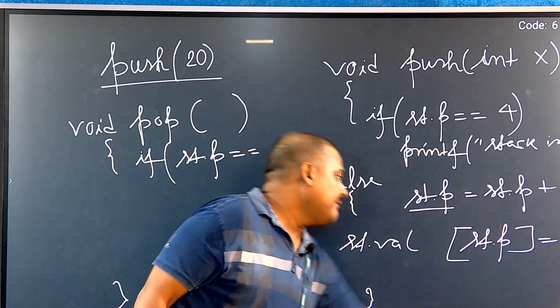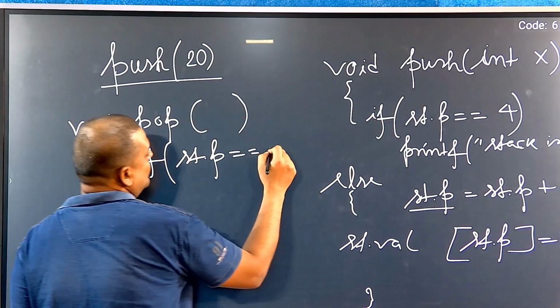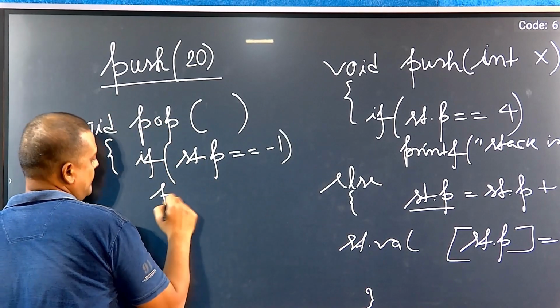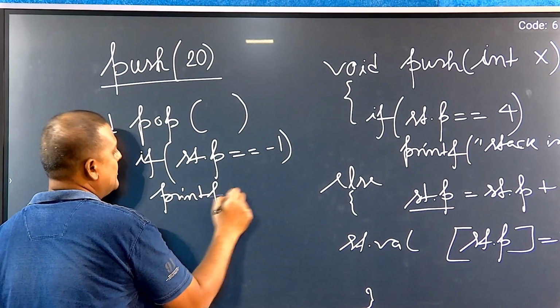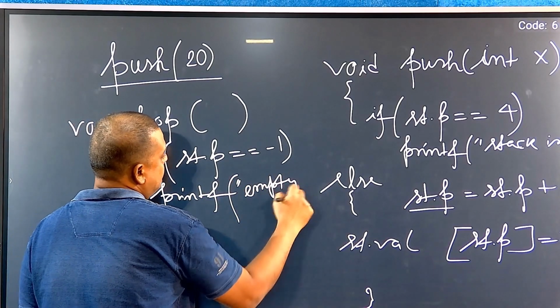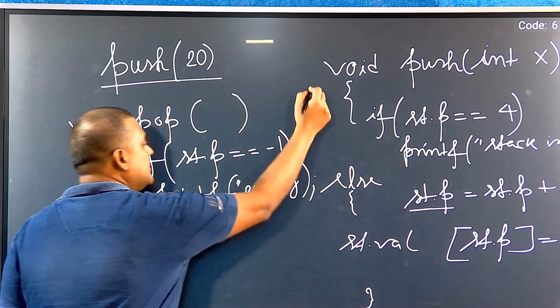So, if st.p equals -1, then we will say printf "empty stack", whatever message you want to display.